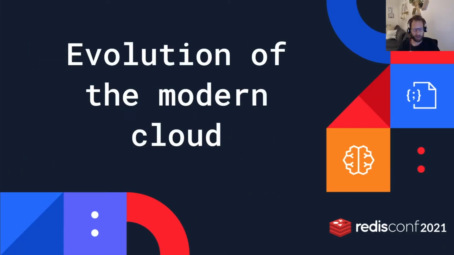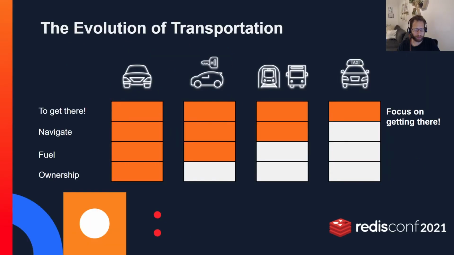A few words about the modern cloud. When we think about the evolution of transportation, this is where I like to begin, because for me it makes sense to compare it to the cloud.